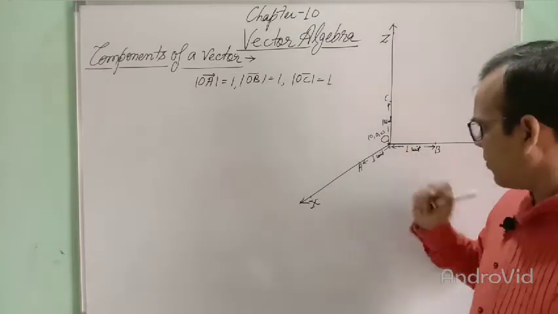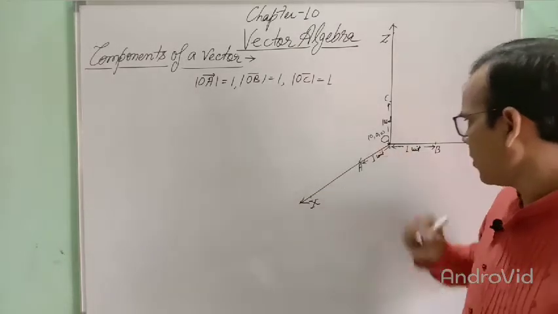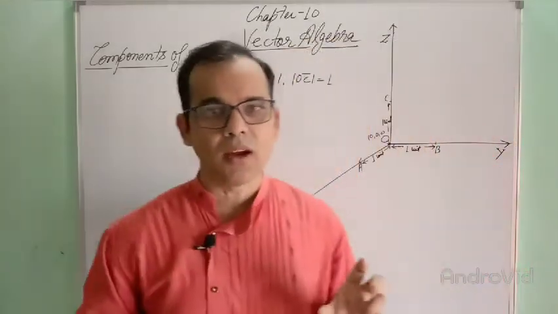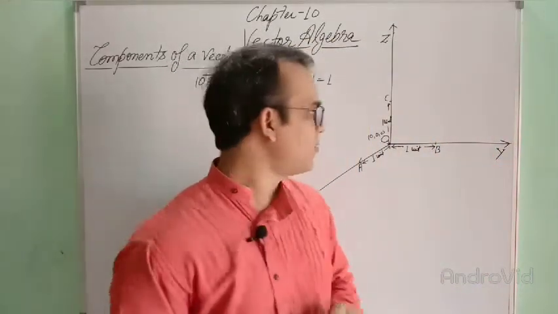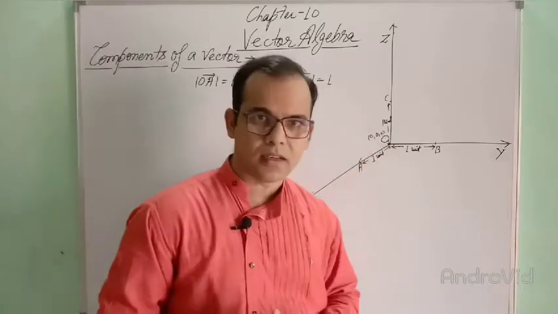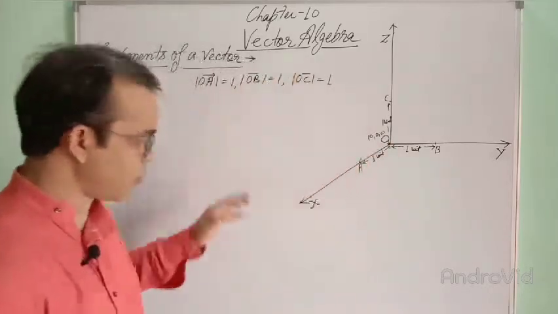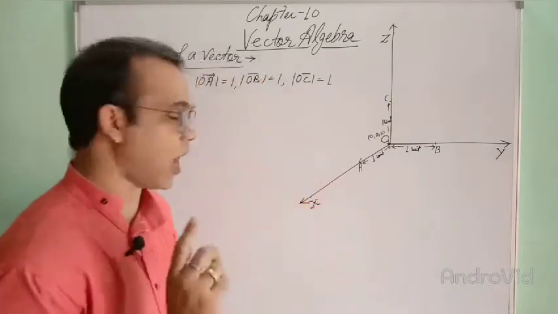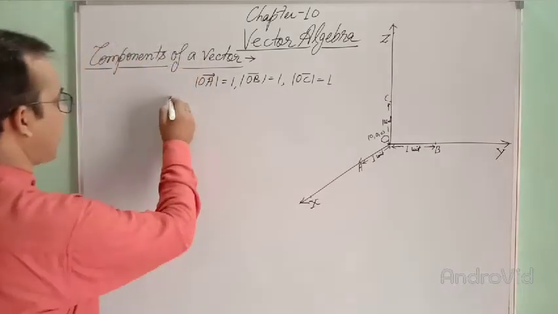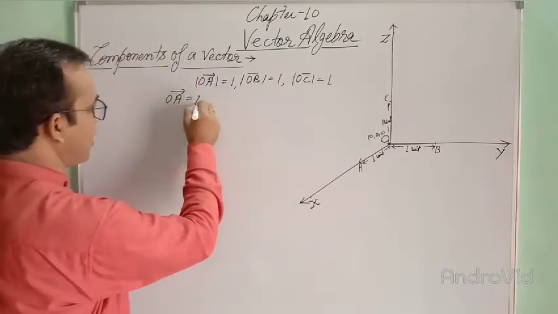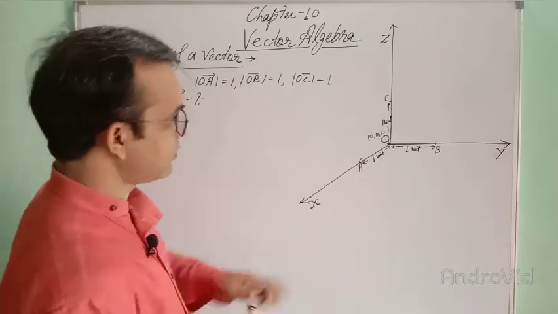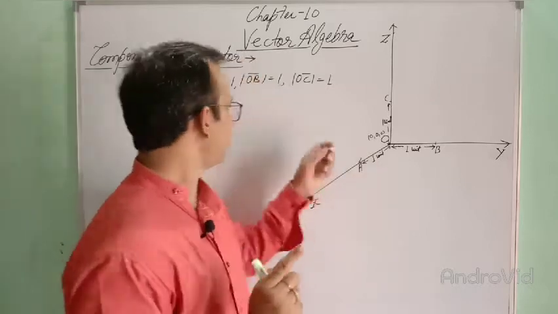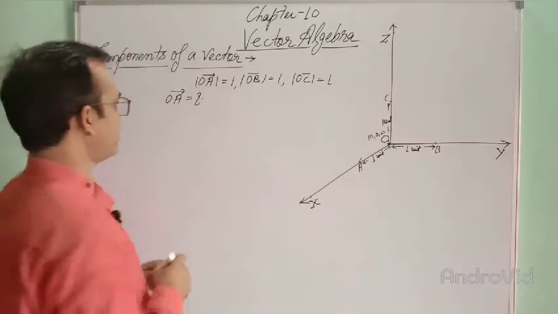Now this vector OA has the magnitude of 1 unit. It means we can say that vector OA is a unit vector in the direction of the x-axis, and we can represent it as i cap. This is the vector OA that has a length of 1 unit, so it is the unit vector along the x-axis.